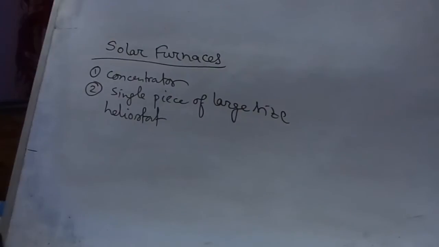The heliostats are adjusted such that they direct the radiation parallel to the optical axis of the parabolic profile. This one is the solar furnace.